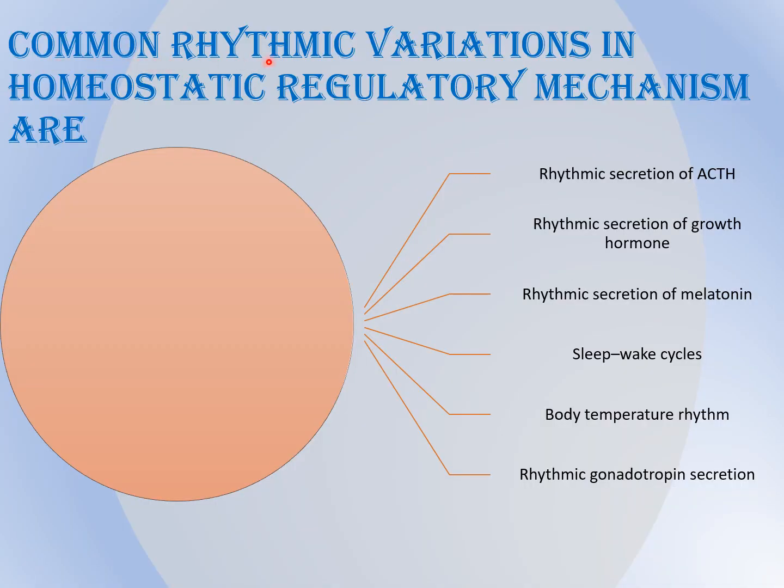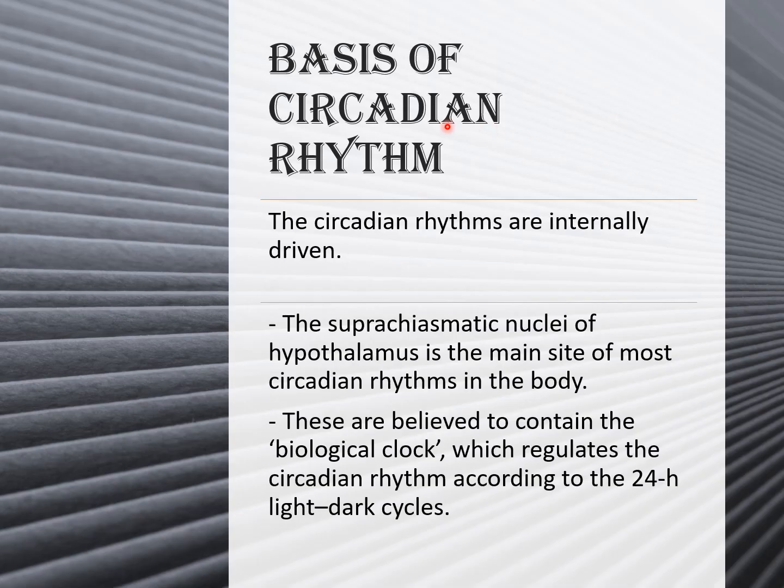Now the common rhythmic variations in the homeostatic regulatory mechanism are rhythmic secretion of ACTH, rhythmic secretion of growth hormone, rhythmic secretion of melatonin, sleep-wake cycle, body temperature rhythm, and rhythmic gonadotropin secretion. Now what are the bases of circadian rhythm?